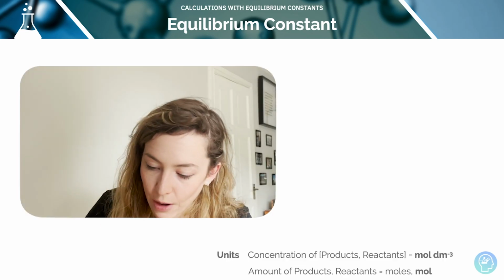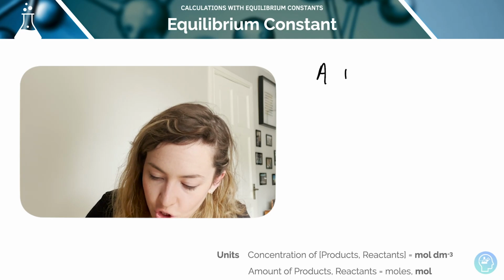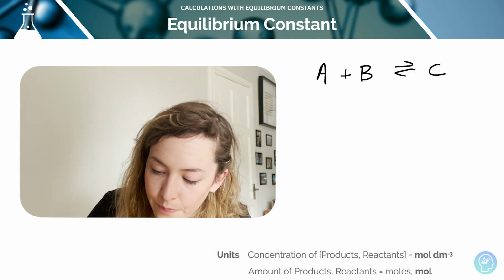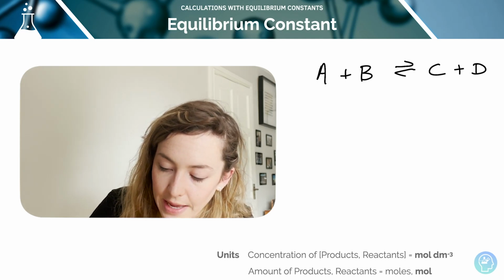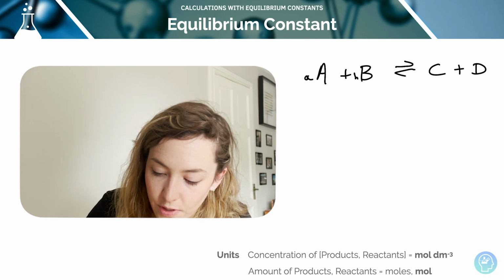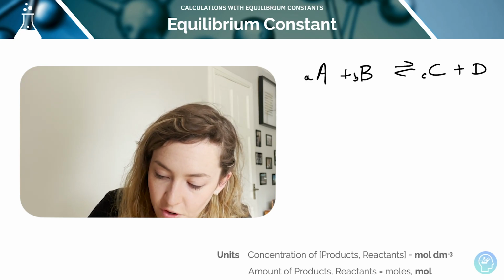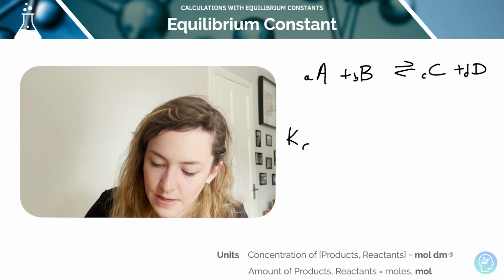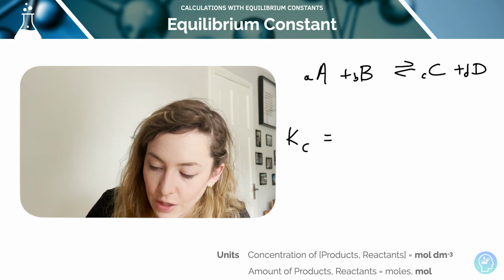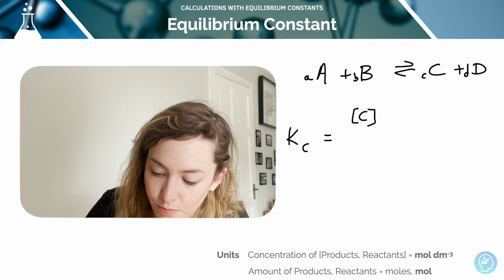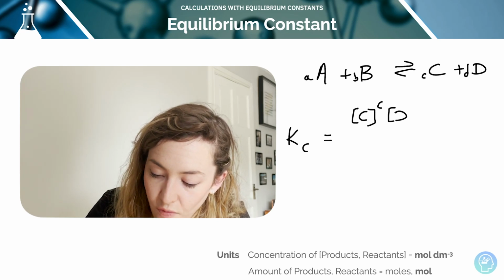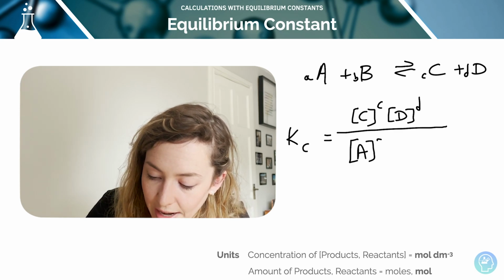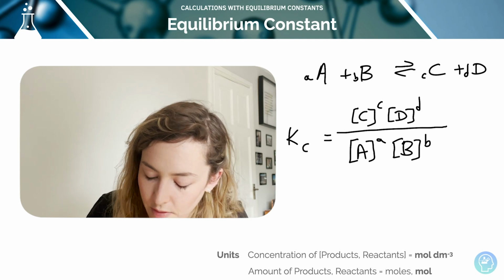So in order to work out Kc, if I've got a reaction, so I've got A plus B is C plus D, I can write this out and I can use those, my coefficients in front. So you can imagine if I had 2 moles of this, that's what the lowercase means. So Kc is equal to the concentration of my products to the power of their coefficients divided by the concentration of my reactants to the power of their coefficients. Of course, we'll do some examples of this.